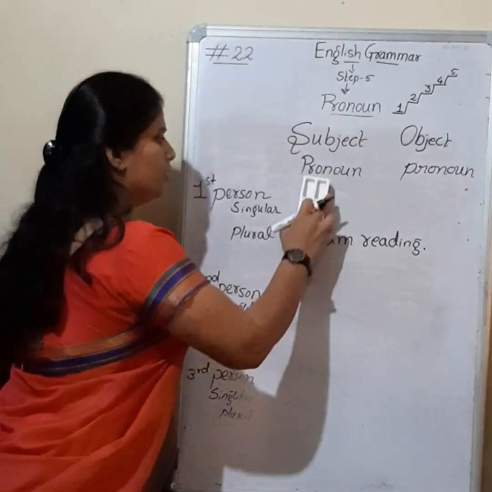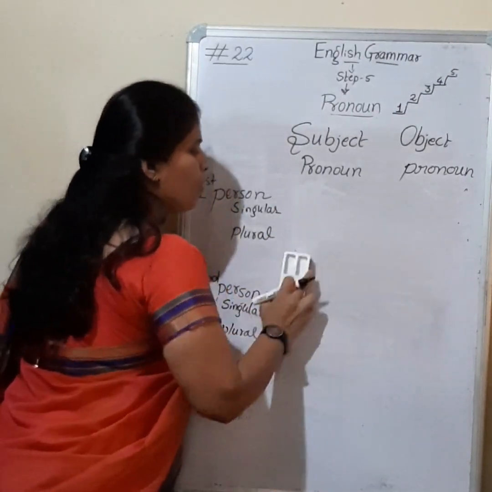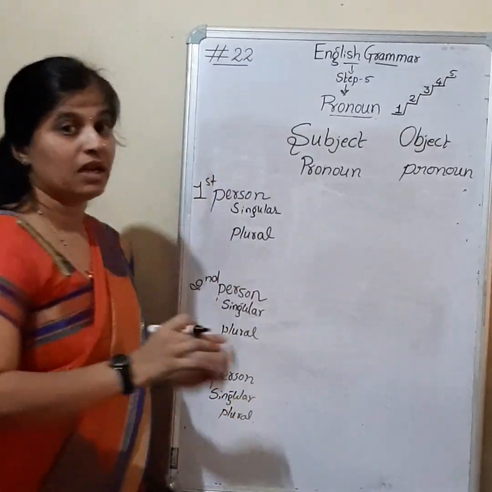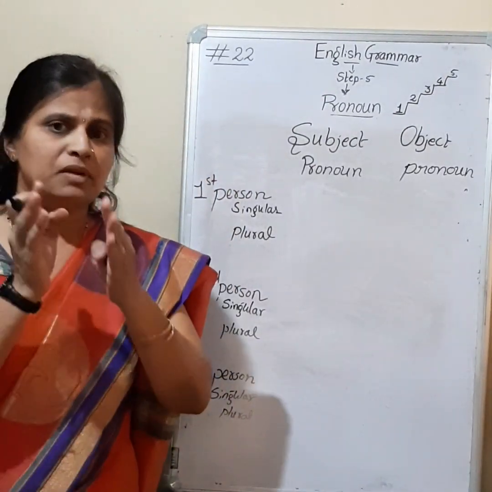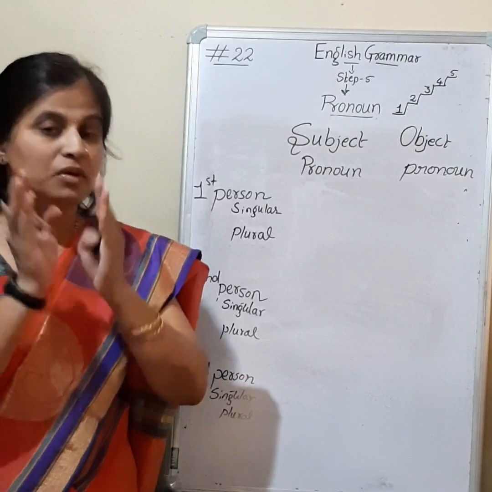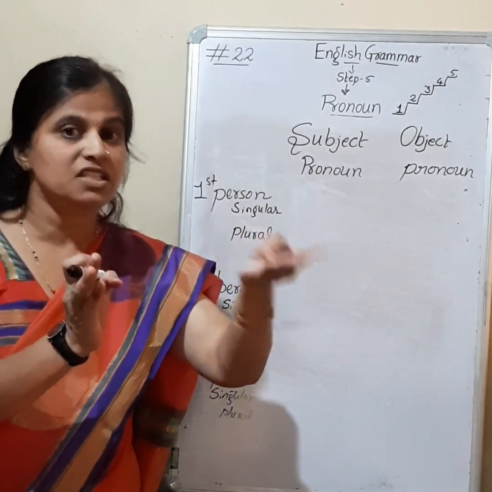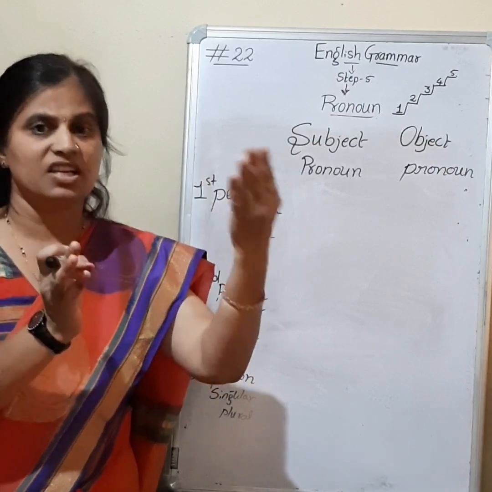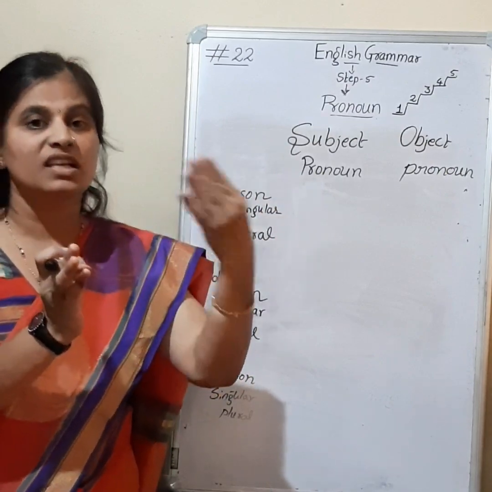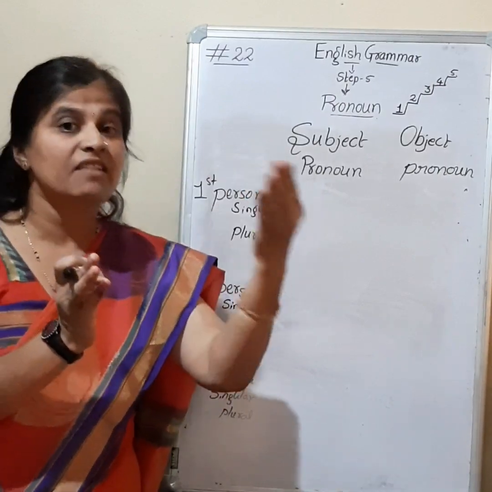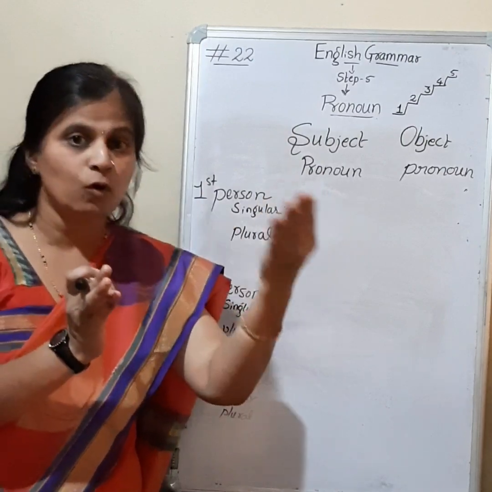Then what is an object pronoun? An object pronoun is the person or thing on which or upon which the action takes place, or the work is done, or which is receiving the action, receiving the work.